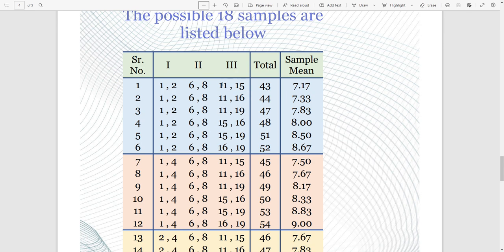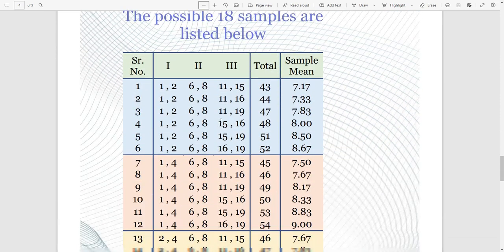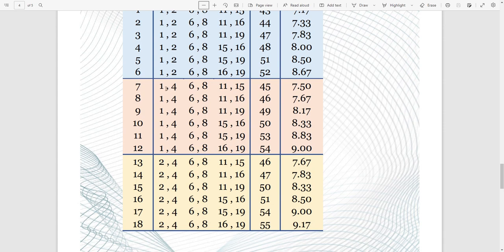We combine all of these without replacement, so 1 2 combines with 6 8 and with each of the 6 samples, because our total sample size is 6. Next, the sample from stratum 1 changes to 1 4.